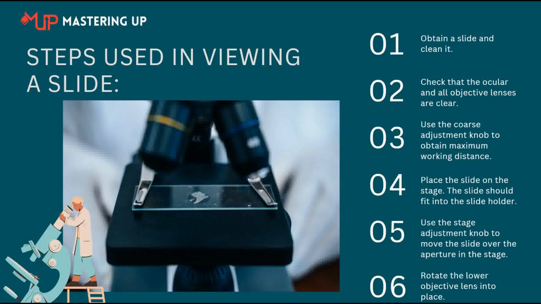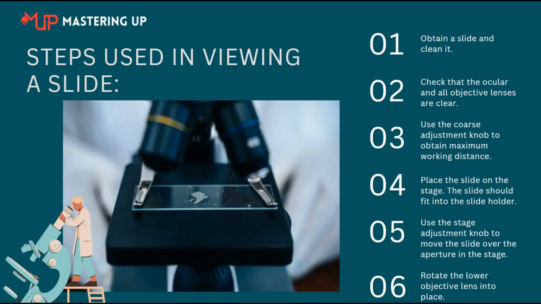The slide should fit into the slide holder. As we have seen earlier, the slide clips should hold the slide in position. Use the stage adjustment knob to move the slide over the aperture in the stage, which is the hole through which the light is focused from the light source.